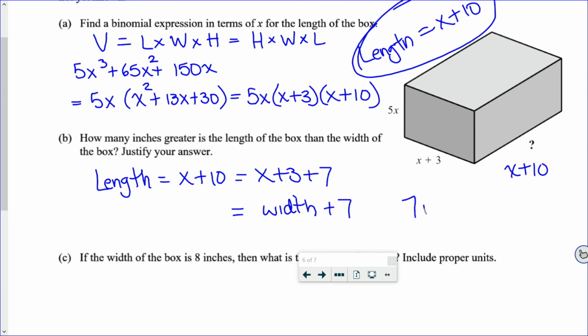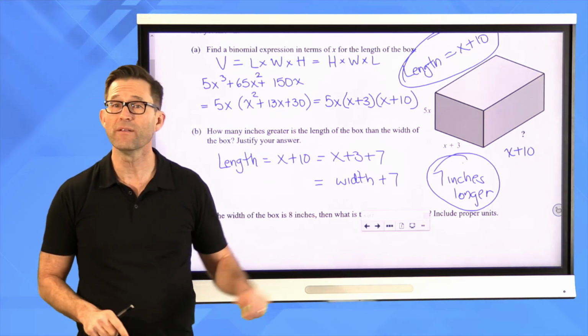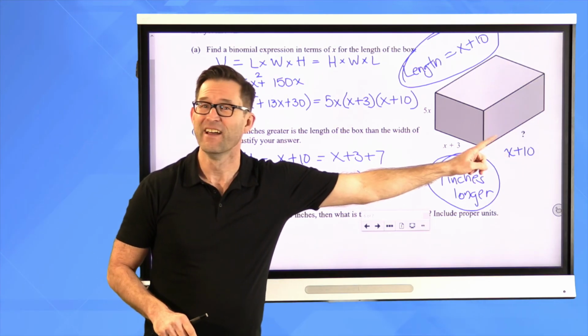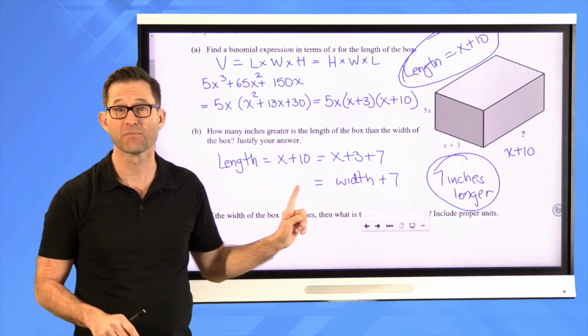So 7 inches longer. Doesn't matter what x is, right? If this is x plus 3 and that's x plus 10, then that one is 7 more than this one. Here it is, right? x plus 3 plus 7.